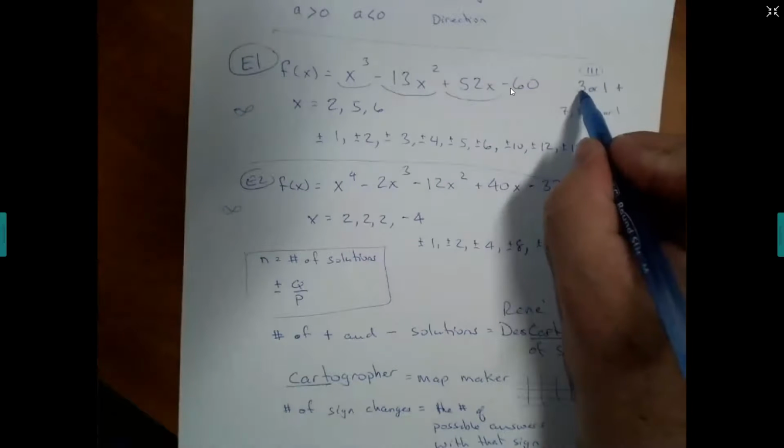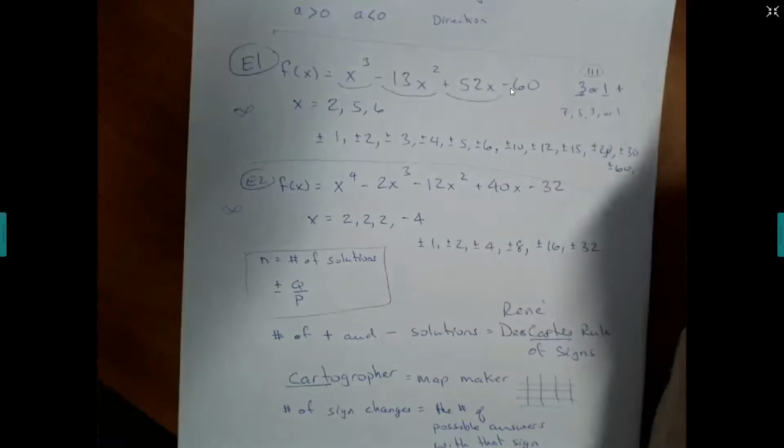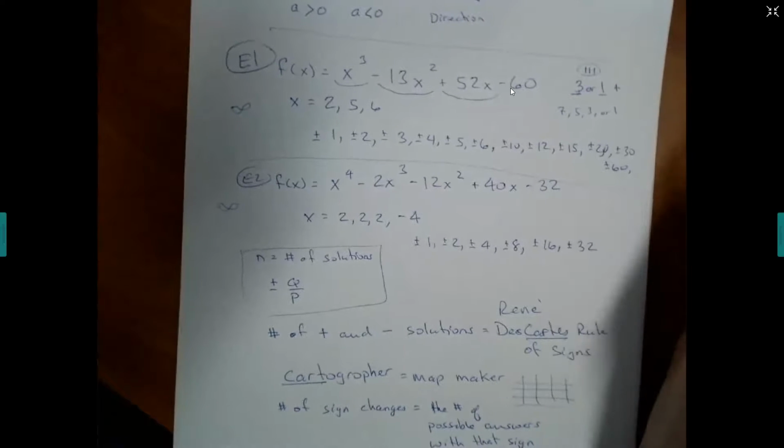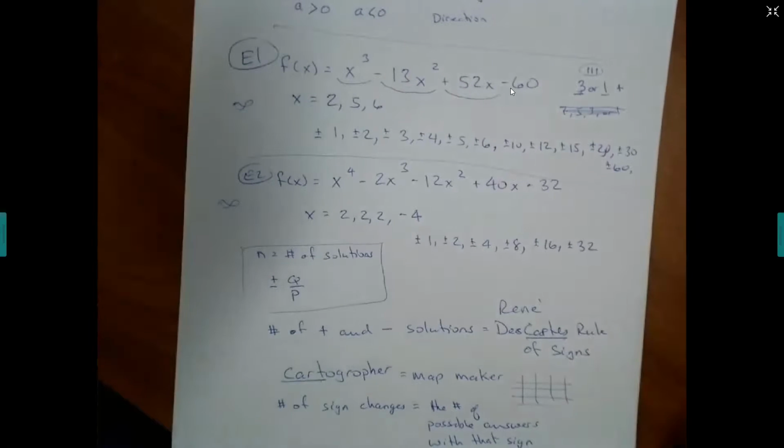Whatever number you come up with is the most, then you subtract 2, and it could possibly be that many also. So always subtract 2.